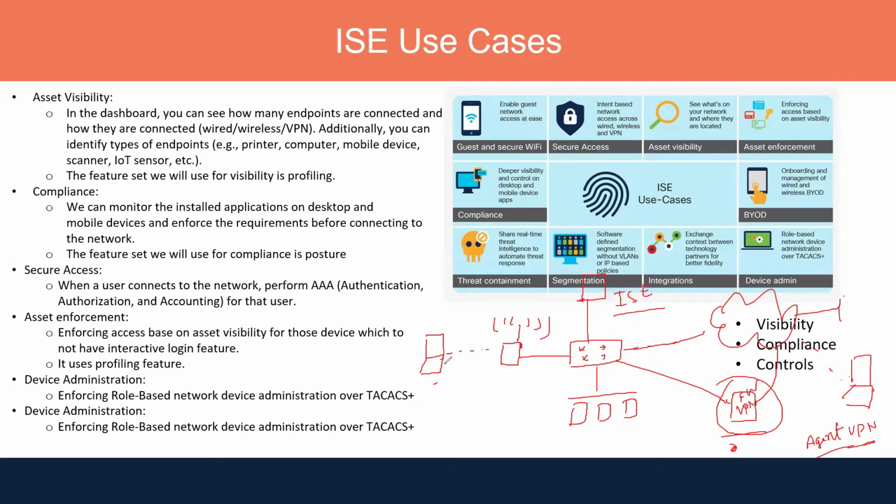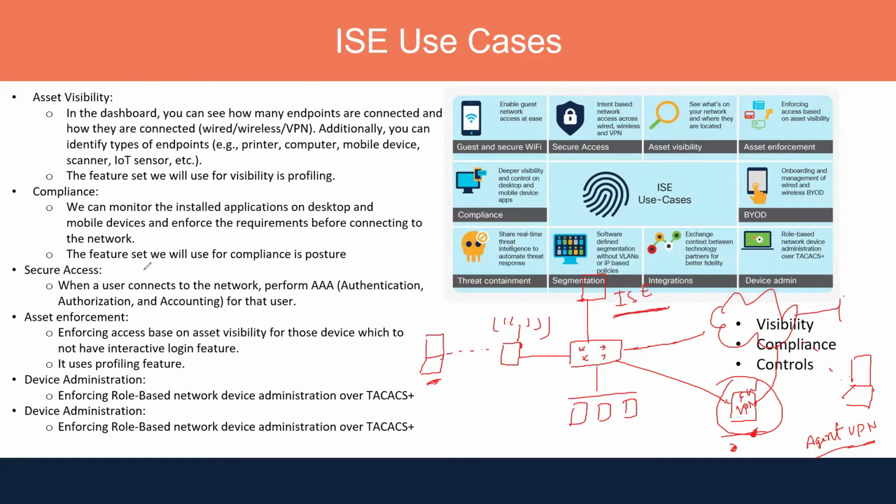But let's say the user is directly connecting, at that time can compliance be checked? No. So in those cases we have ISE. What organizations do basically is, we can disable the compliance check or we can enable additional compliance checks over here. But whenever the user is connecting to the network, before connecting, ISE would be asking for all that information, whether the user is coming through the VPN, wireless or wired network.